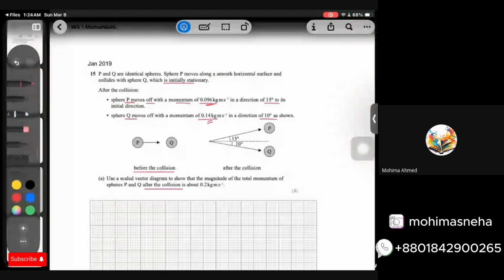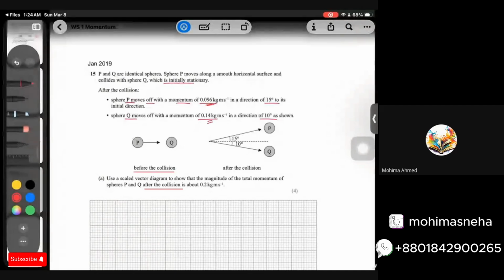If I have 0.14 times 10, I get 1.4. 0.096 times 10 is 0.96. That is still very small. I need to multiply, let's say, 0.14 times 100, right? If I multiply by 100, 0.096 times 100, I get 9.6.